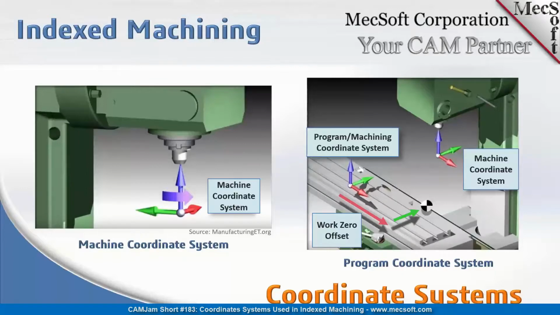Then all you do is tell the machine that your 0 is offset by a certain distance, and that's where all the toolpath coordinates are going to be interpreted from. So that's a nice feature, and we'll talk about that as well. I hope that makes some sense on all the different coordinate systems that we have in our CAM system, and some of this will become clearer as we look at the demo a little bit more.